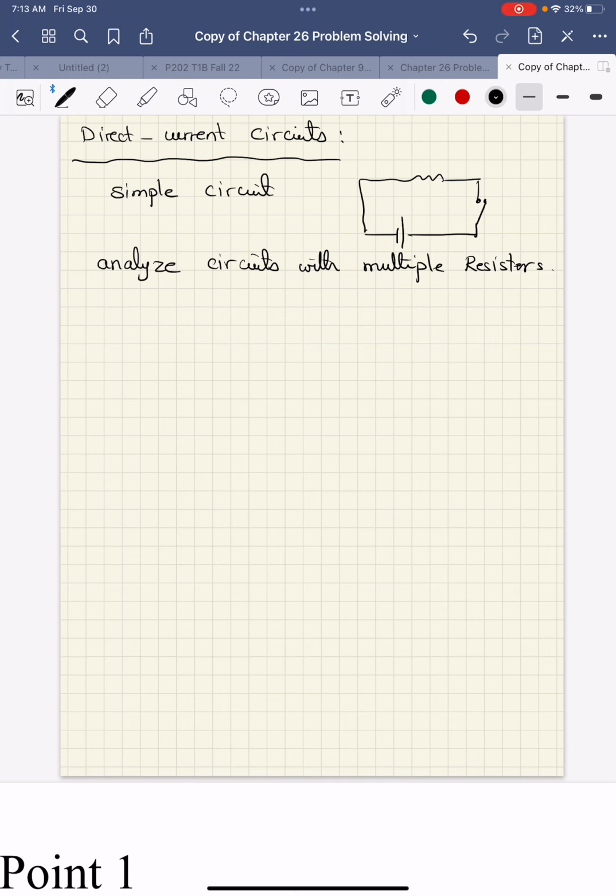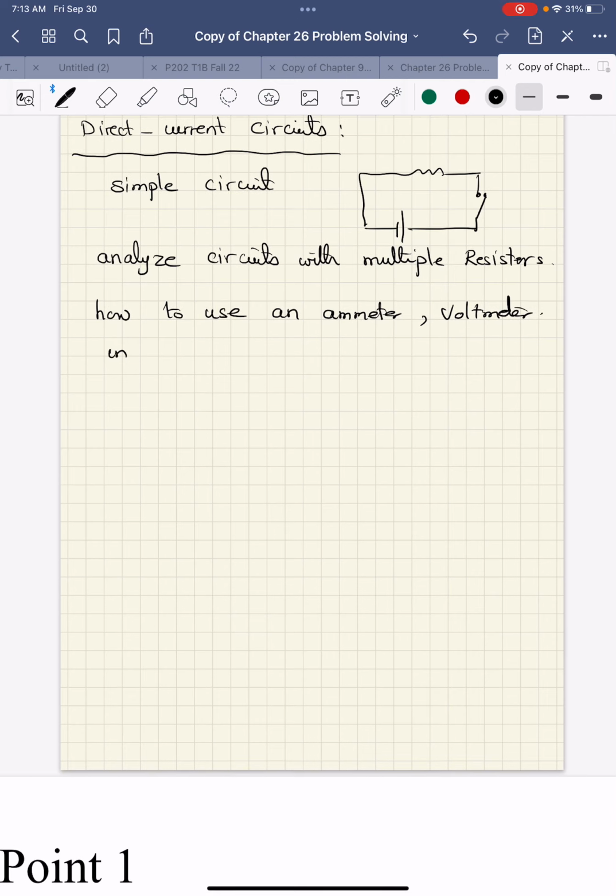We are also going to introduce how to use an ammeter, voltmeter, or any meter in a circuit, but we're going to focus on these.